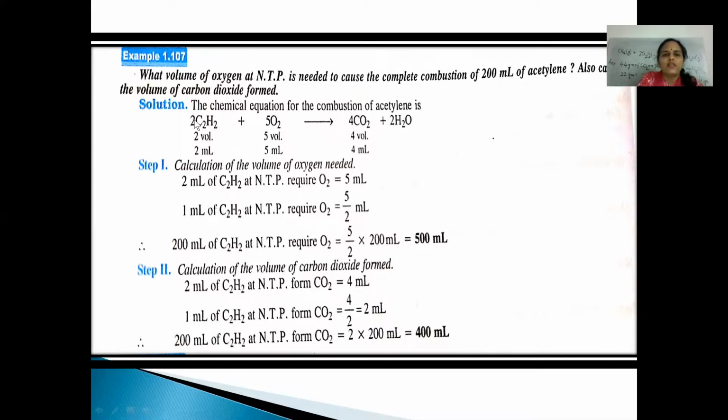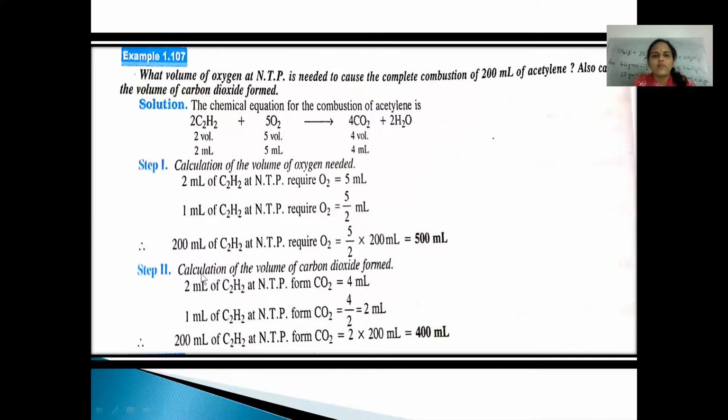And here you see 2 volumes of acetylene react with 5 volumes of oxygen to form 4 volumes of carbon dioxide and 2 volumes of water. So 2 things you need to calculate, the volume of oxygen and the volume of carbon dioxide. First let us calculate the volume of oxygen needed. Here 2 volumes, meaning 2 milliliters of acetylene, require 5 milliliters of oxygen.